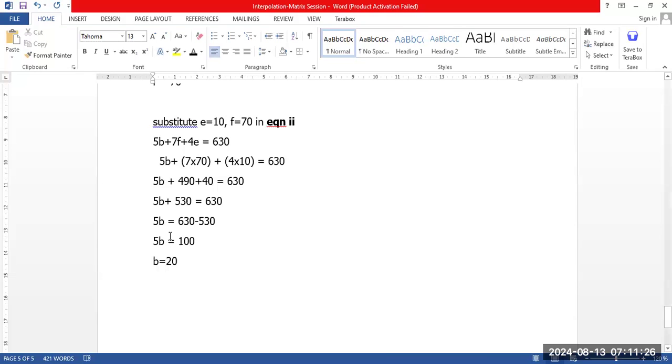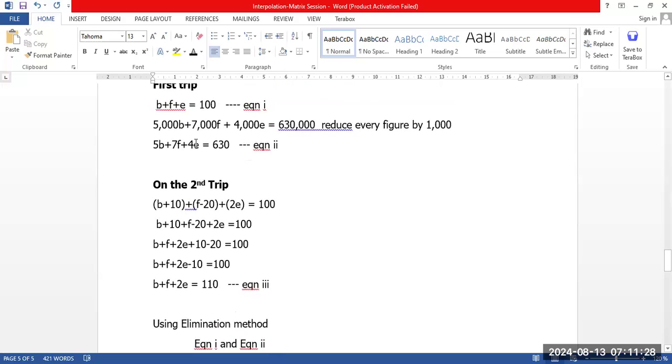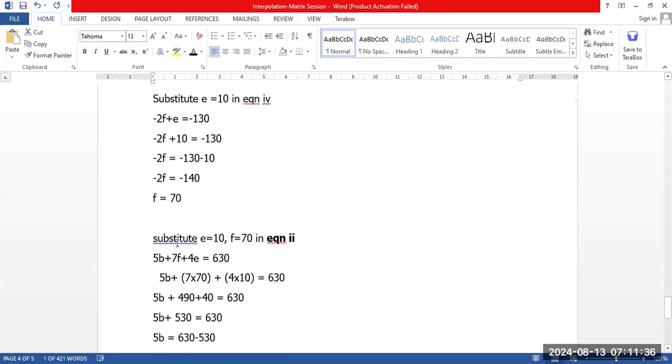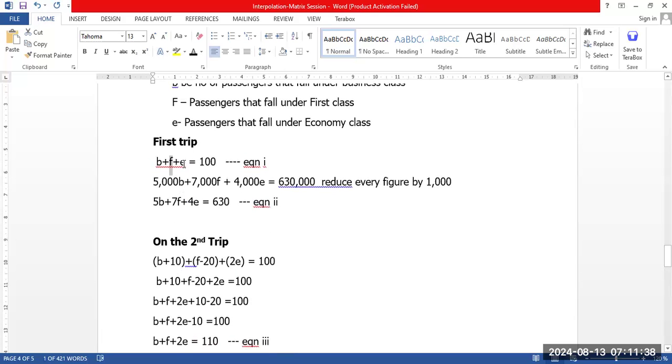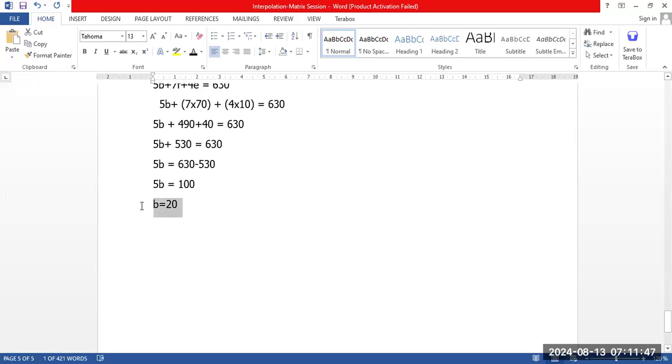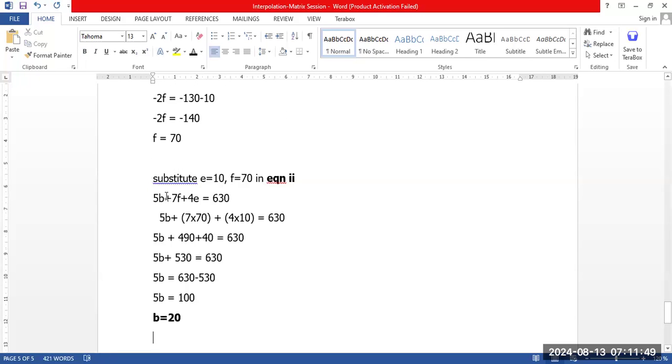So another person who has used equation 1, you'll find that your b is what? Is 20, because here our f was 70. Then our e is 10. 70 plus 10, that is 80. 100 minus 80, that is 20. So you will get the same answer.